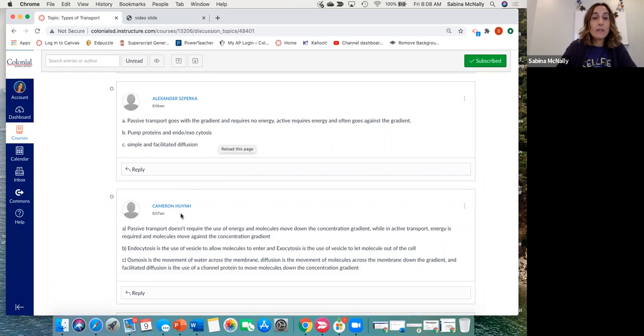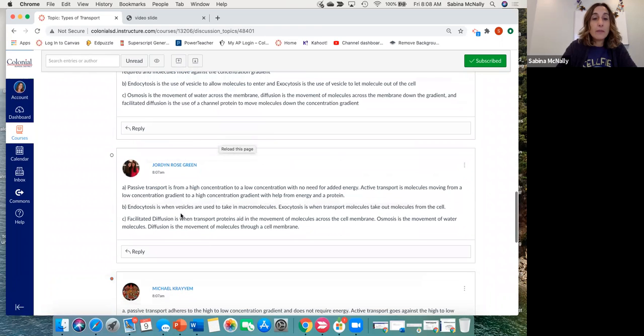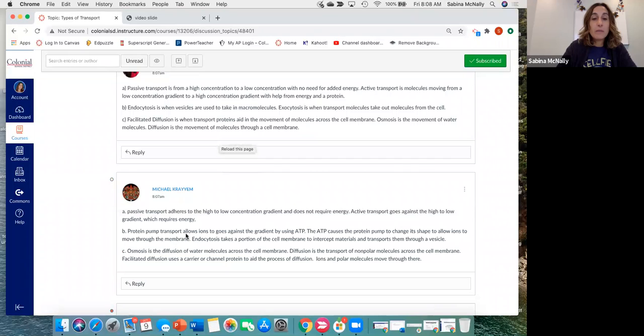Energy is involved as well. Let's see if we have any more. Looks like we're protein pump transports ions against the concentration gradient using ATP. The ATP causes the protein pump to change its shape, allowing the ions to move through the membrane. Okay, good. All right, that's nice. All right, good job, Michael.